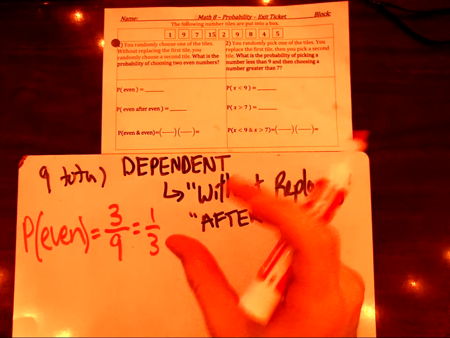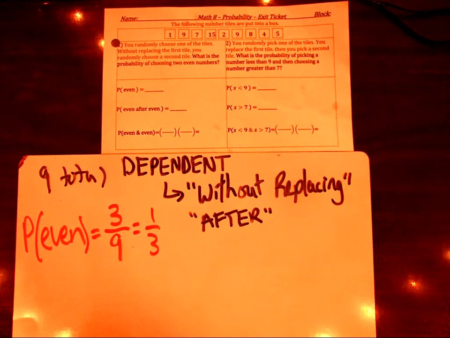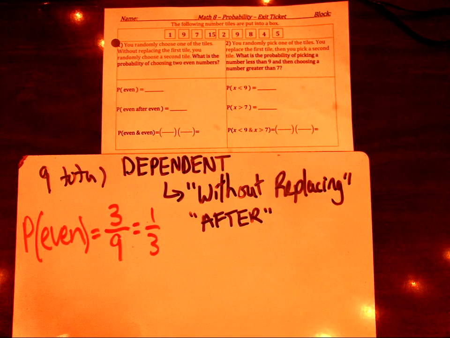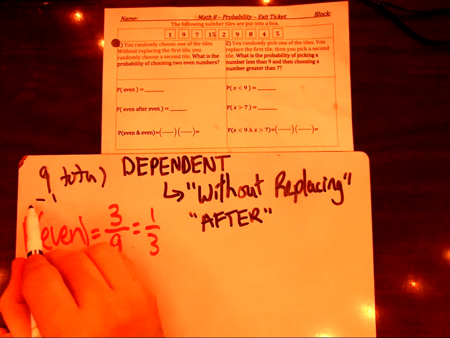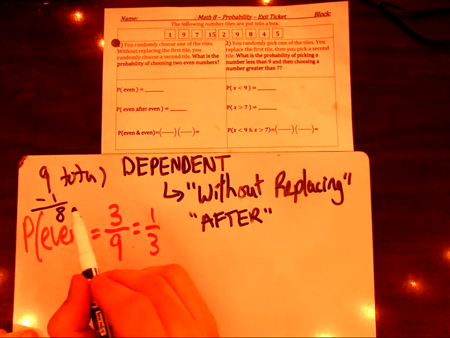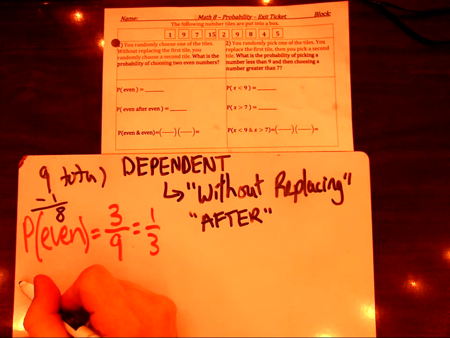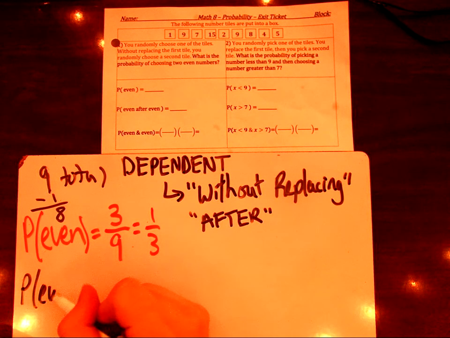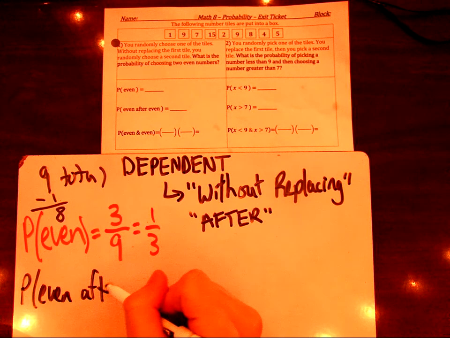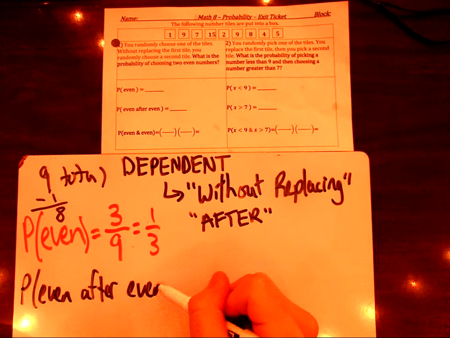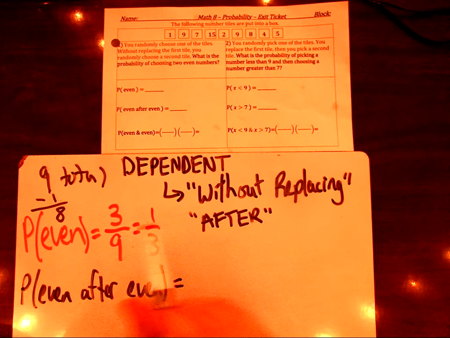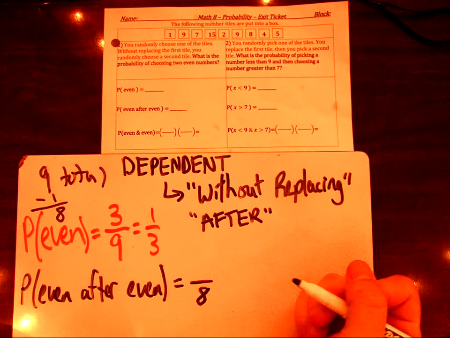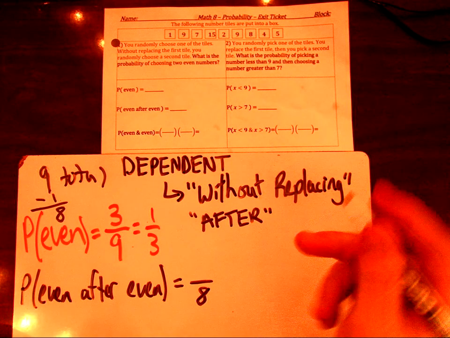So now, let's say you take one of those tiles out. Again, since you're not replacing it, we take 1 out. How many are left? There's 8. So right away I can say, all right, probability of an even after taking an even out. Again, it changes not only the denominator, so this is going to be 8, because there's only 8 tiles left.